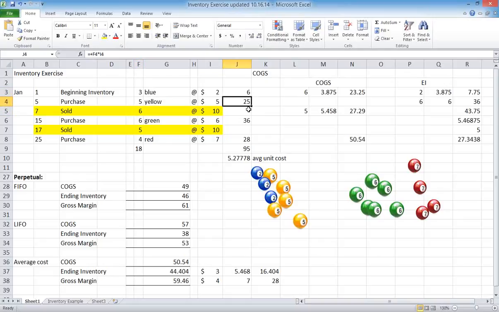Again, that's where these numbers are coming from. I add those numbers together and divide them by 8 to get the average cost. And I take that average cost times the 6 that I sold.